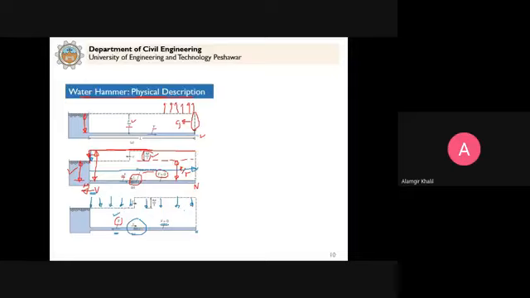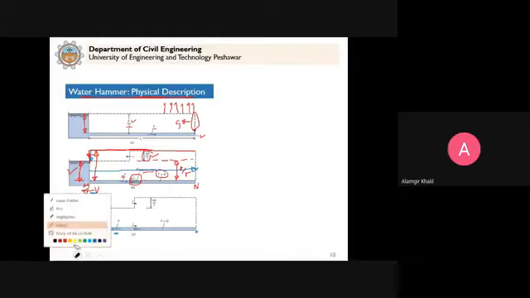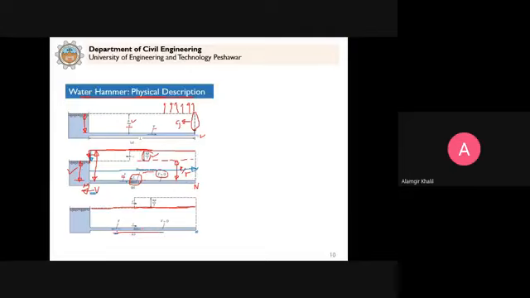So when this pressure wave reaches this N, what will be the situation? The whole of the pressure will be normal, but the velocity will be in this direction in the pipe.